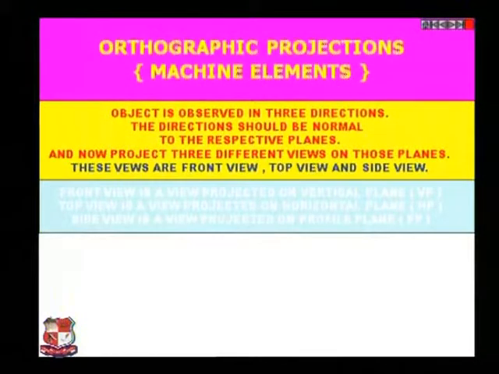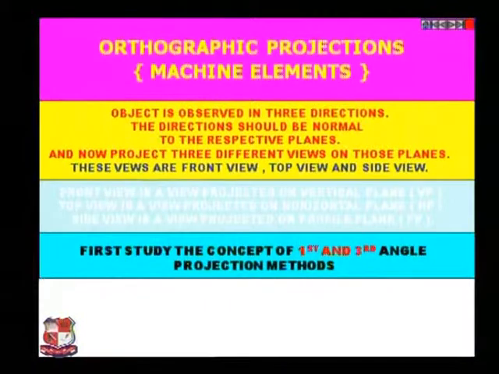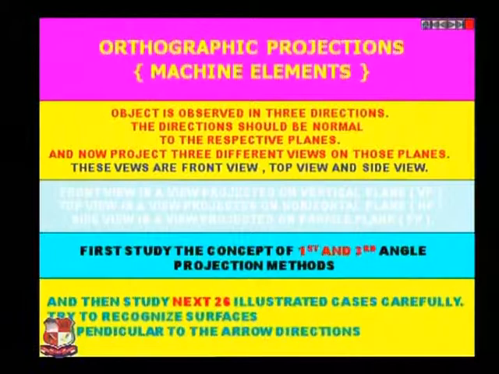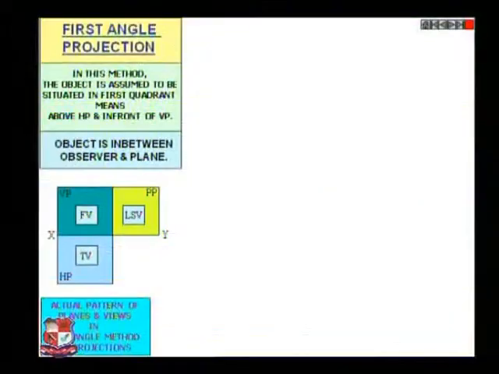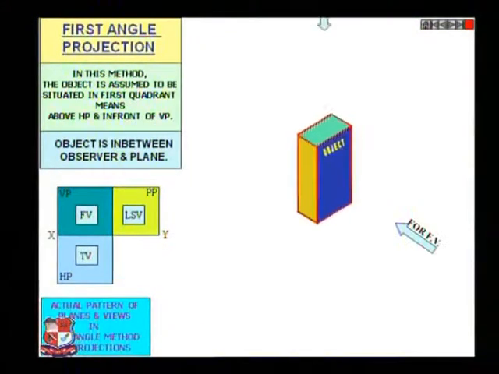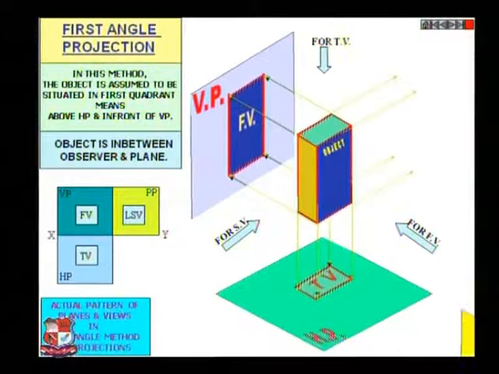Front view is a view projected in the vertical plane, top view is a view projected in HP, and side view is a view which is projected on the profile plane. First, study the concept of first angle projection method, and then study the next further cases in this given problem, which are shown over here. This we have discussed.